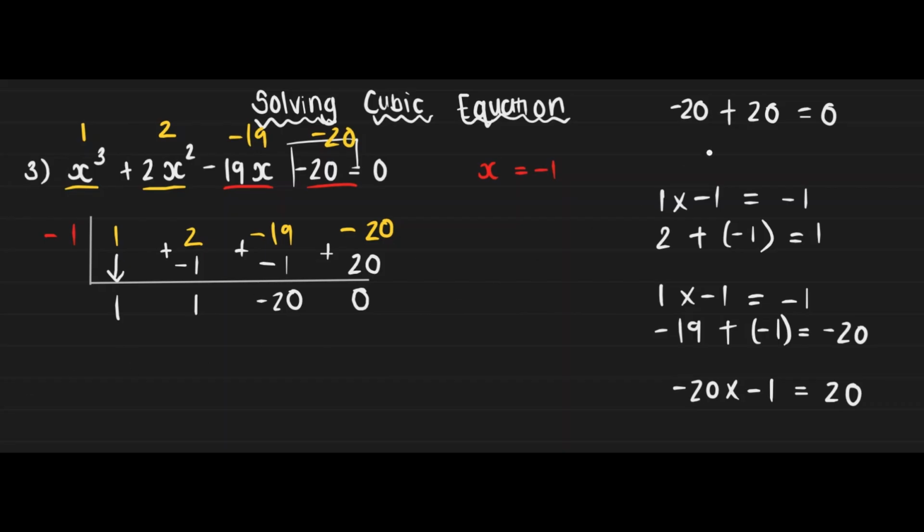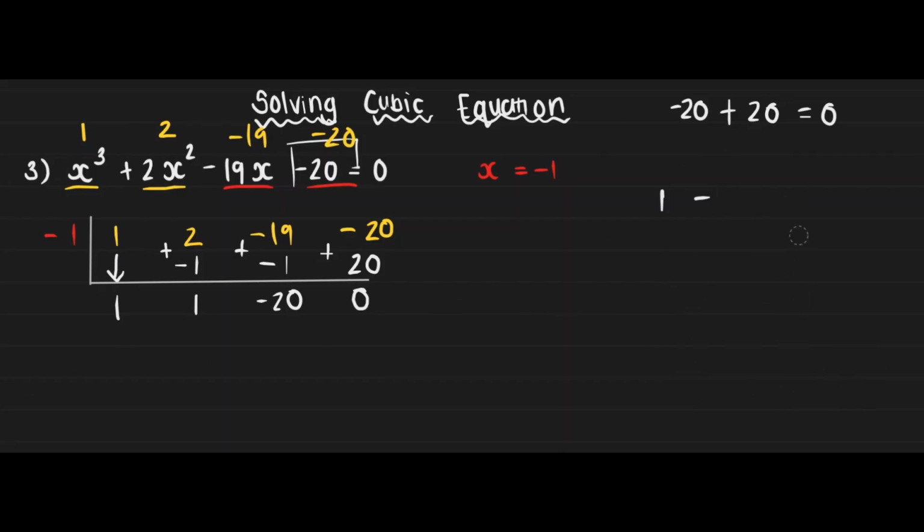So now it's time to write our brackets. To write your bracket, you're going to take the answers that you got here. This one, this one, this one, this one, and also this one. I'm just going to write it on the side so that you guys can see it clearly. So the first bracket is going to be the one that you found by substituting. With this one, you're going to reverse.